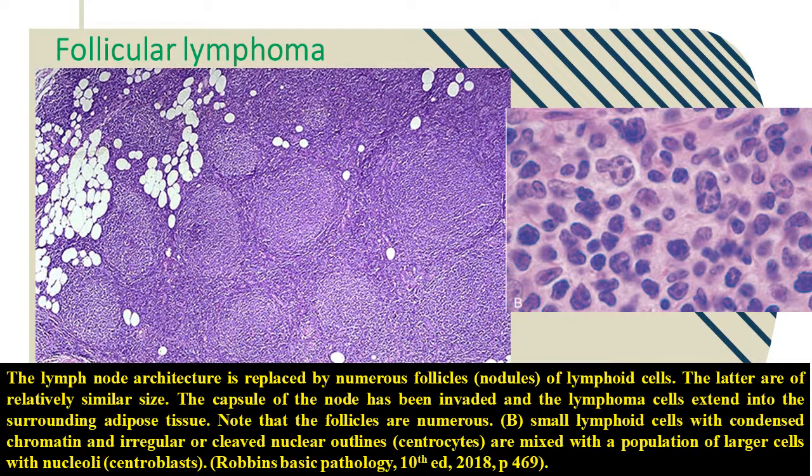Note that the follicles are numerous and irregularly sized. At high magnification, small lymphoid cells with condensed chromatin and irregular or cleaved nuclear outlines, these are the centrocytes, are mixed with a population of larger cells with nucleoli, which are the centroblasts.